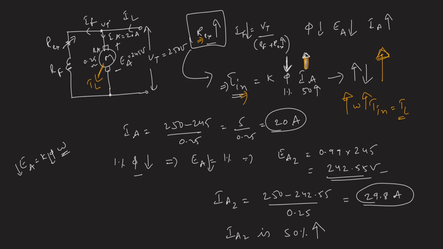Once the speed increases, slowly internally induced EMF rises and IA reduces. So it will come to a new steady operating point where the speed is higher than the earlier speed, at which the torque again comes down to the required load torque.